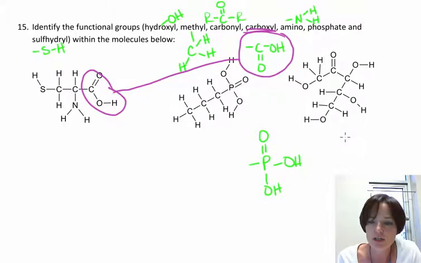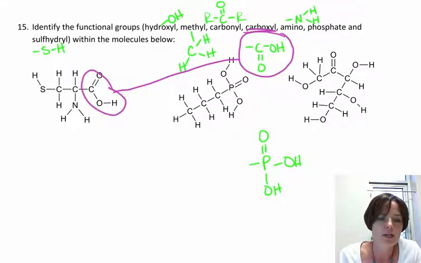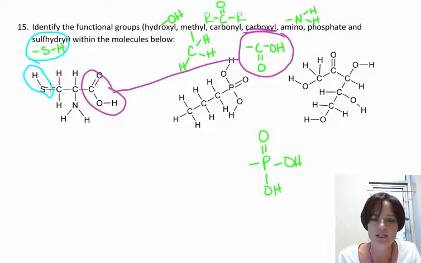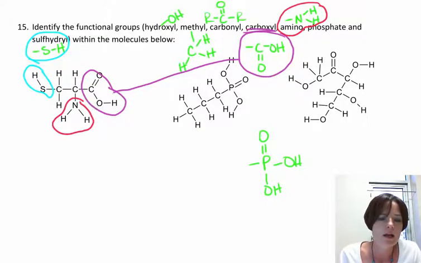Just to look for any other carboxyls that we might have, it looks like that's the only one. If we change the color, this would be your sulfhydryl. So notice how those match. That is the only example of sulfhydryl that we have. If we look for the amino group next, I'll put that in red. Here is an amino. So notice that that matches what I have in that case.